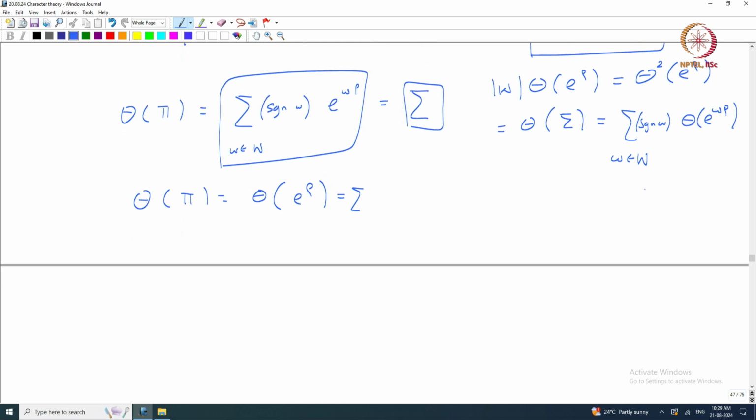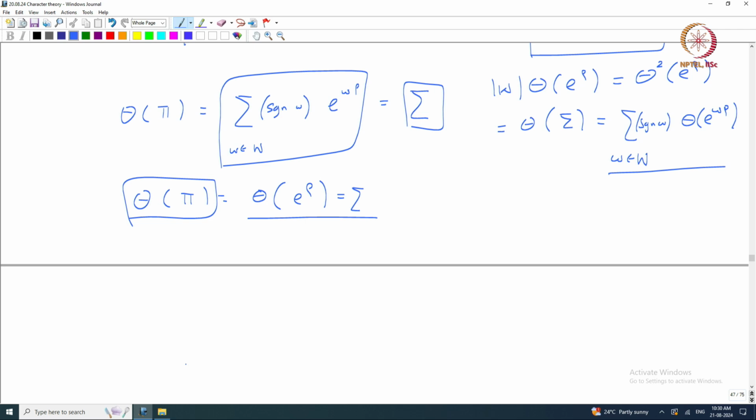Okay. So, on one side, because theta of e power sigma is sigma, which is the same as theta of pi. Actually, one can use theta of pi also there, not a problem, because we want to prove that sigma is the same as that. Yeah. So, we do not need to apply it here, we should apply it on theta of pi. Okay. So, what we are going to do, let us look at theta of pi.